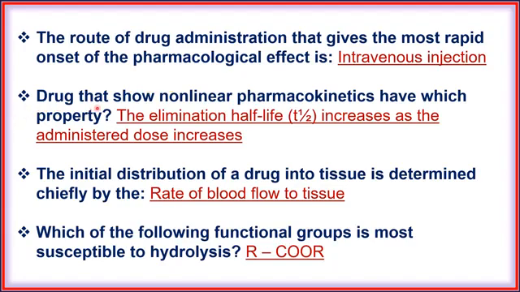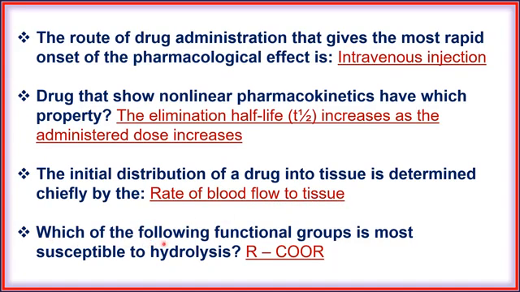Next, drugs that show nonlinear pharmacokinetics have which property? The elimination half-life increases as the administered dose increases. Next, the initial distribution of a drug into tissue is determined chiefly by rate of blood flow to the tissue.